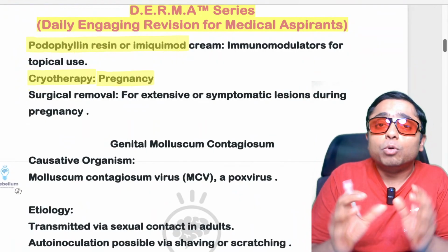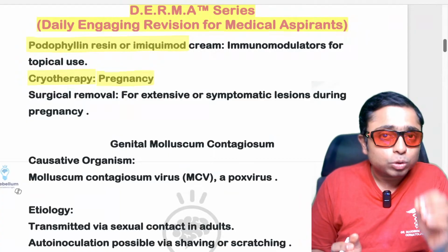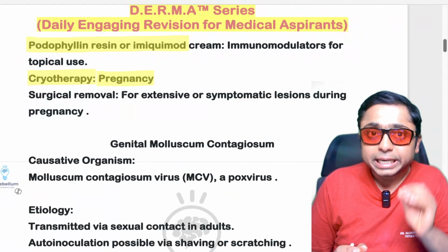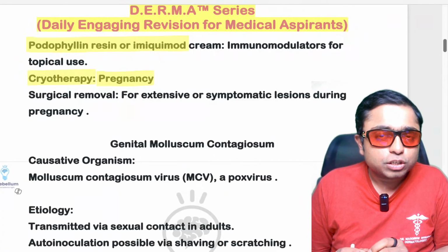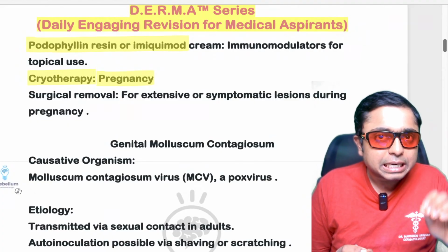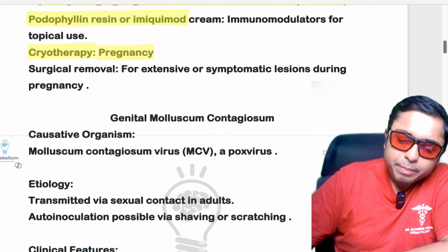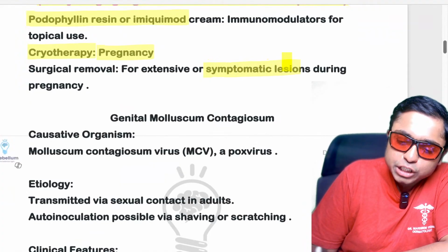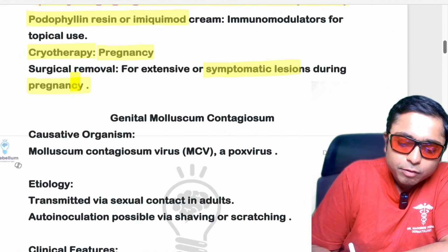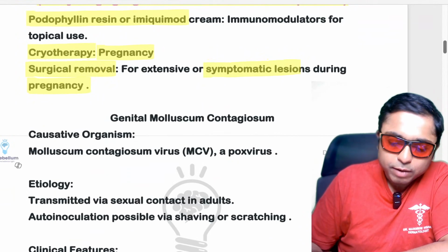Why? Because podophyllin as well as imiquimod, both of these are teratogenic. And remember the mechanism of action of imiquimod is that it is an agonist of toll-like receptor 7. Okay, and coming to the symptomatic lesions which are extensive in a pregnant woman, surgical removal is also advocated.